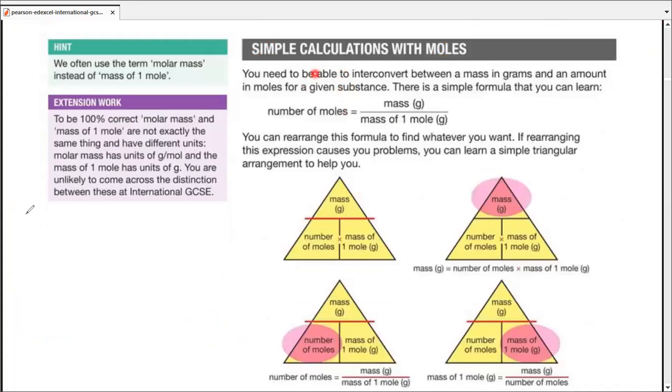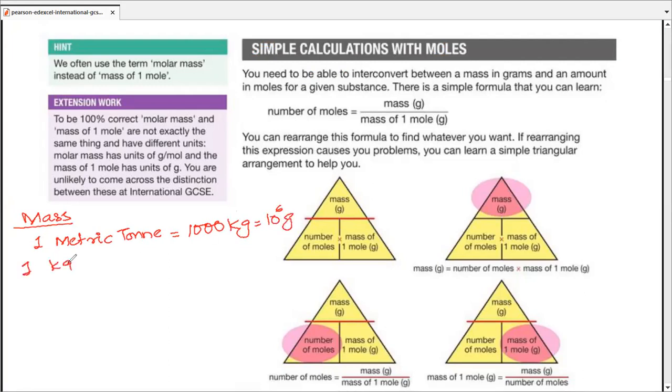When it comes to mass, 1 metric ton, this might come as part of exams, is actually equal to 1,000 kilograms or 10 raised to power 6 grams, or 1 million grams.